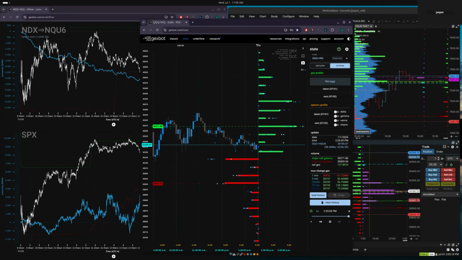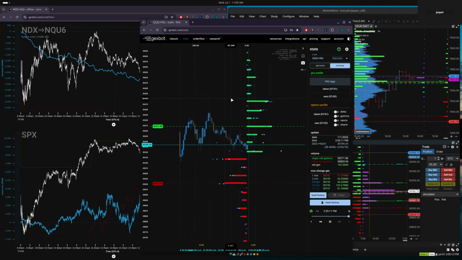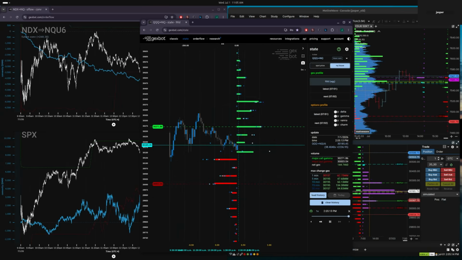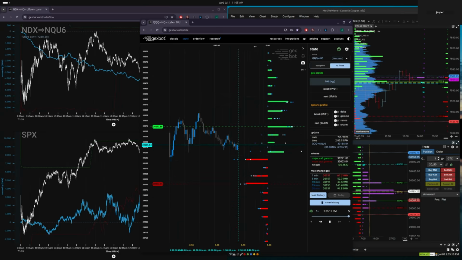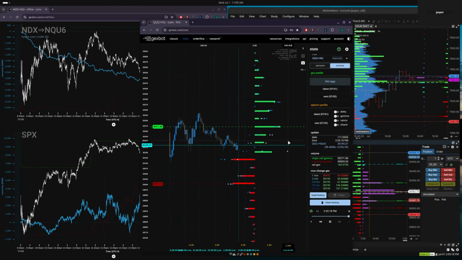I think it's a good question. Part of it has to do with time of day. Whenever I'm seeing this profile, I'm always thinking in terms of drawing a line going over the tops of these bars.